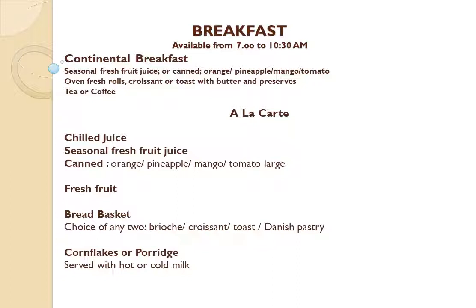So if any guest wants to place an order for continental breakfast, you will have to ask very specifically from the guest, sir, in the juice, what kind of juice do you want? Like in the fresh juice, we have orange or pineapple, and in the Tetra Pak juice, we have mango and tomato. Likewise, while taking the order for the breakfast roll, you will also have to be very clear to the guest: sir, what kind of breakfast rolls do you want to have?